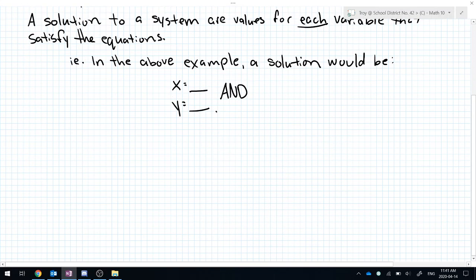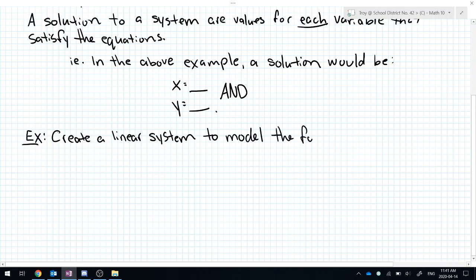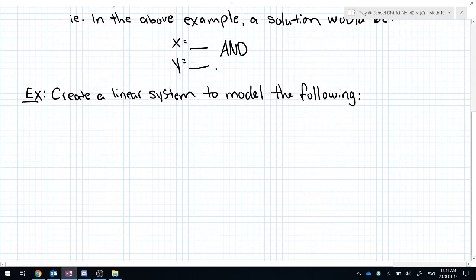Example: create a linear system to model the following situation. The perimeter of a flag is 16 meters.